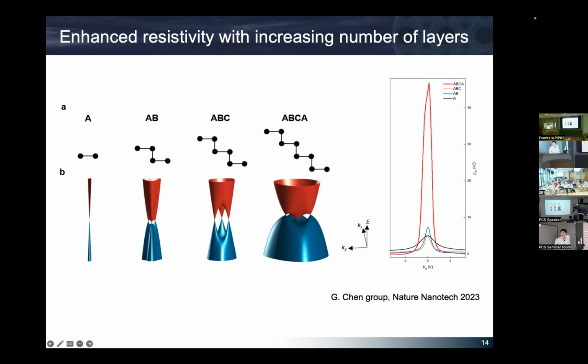Whereas for 4-layer rhombohedral multilayer graphene, the expected band gap is on the order of 10 meV. I say expected because we have to see how to measure or define the band gap in the system. But one clear signature is that the resistivity increases dramatically.